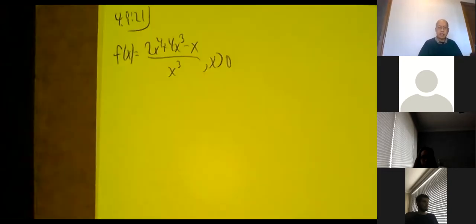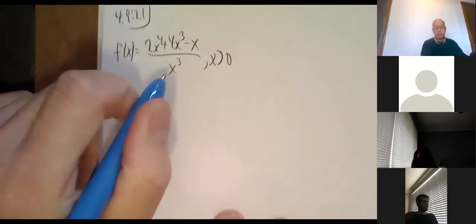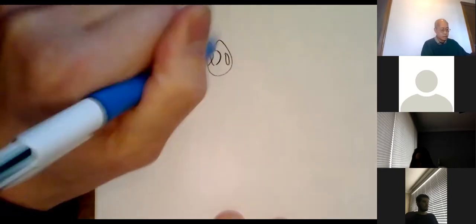Find the most general antiderivative. Okay, it basically means integrate this thing. We don't really use this stuff, I think.